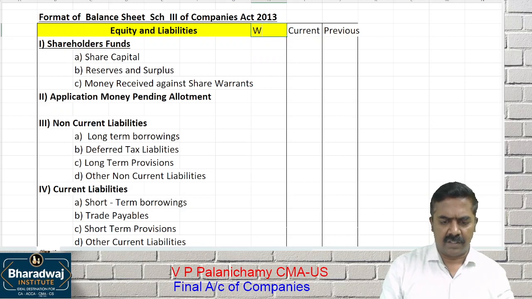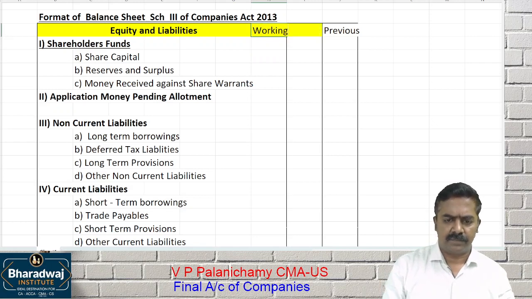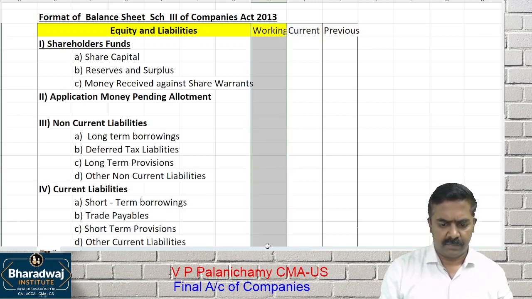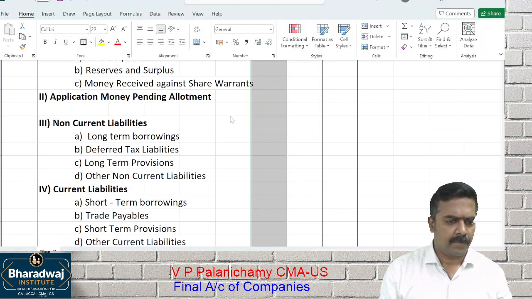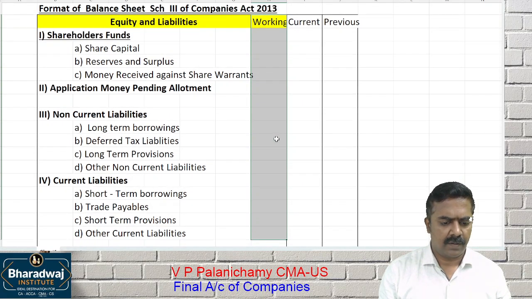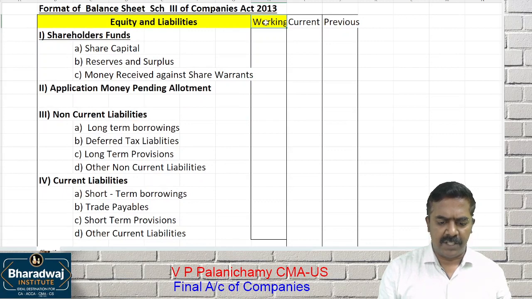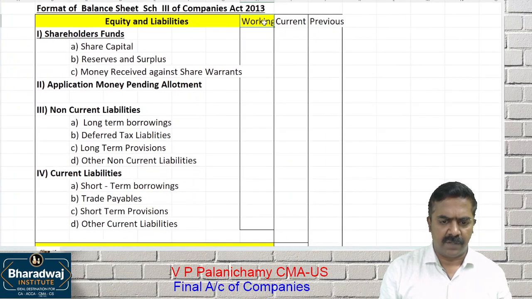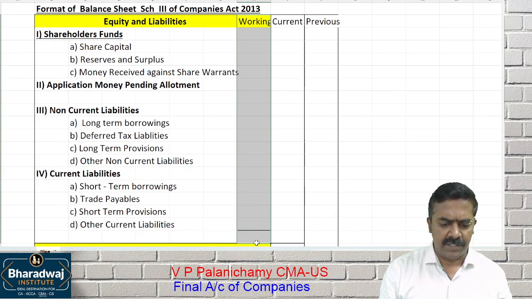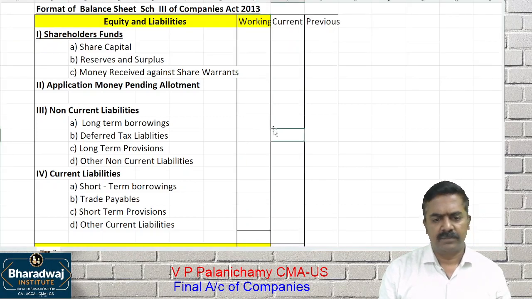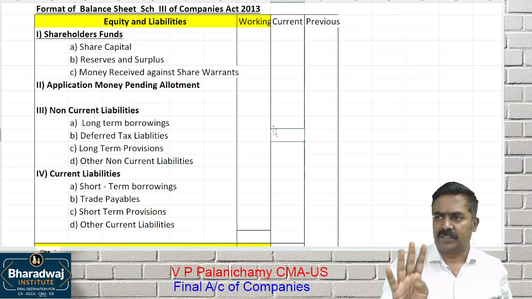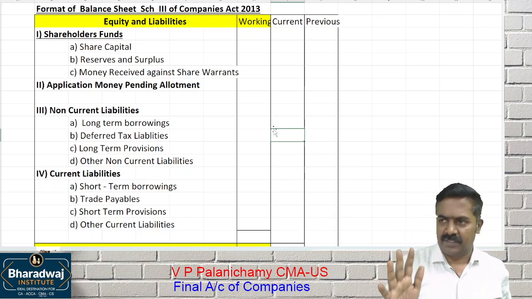And wherever there is a working, you have to give the working notes. I'll give explanation for every item given in the balance sheet, but I request you to take up the main format now. This format is important for learning 5 chapters.